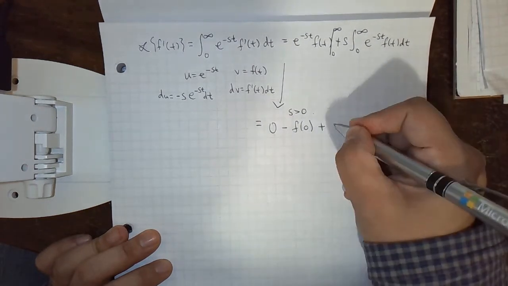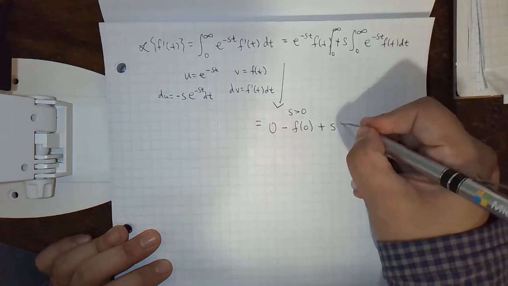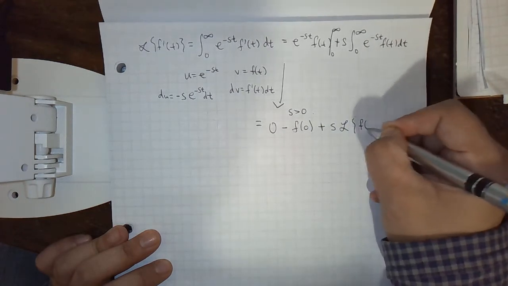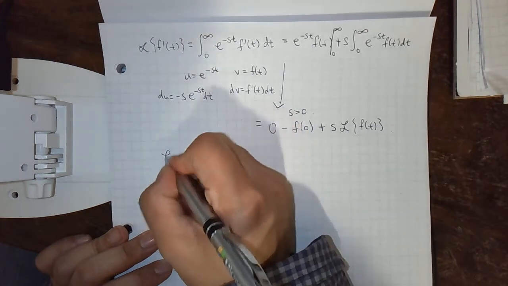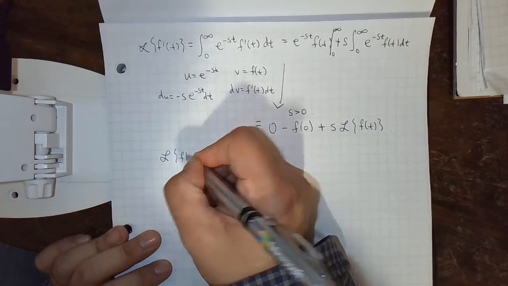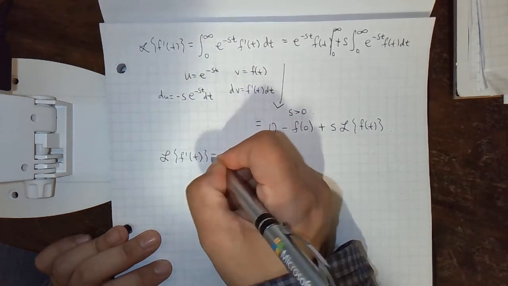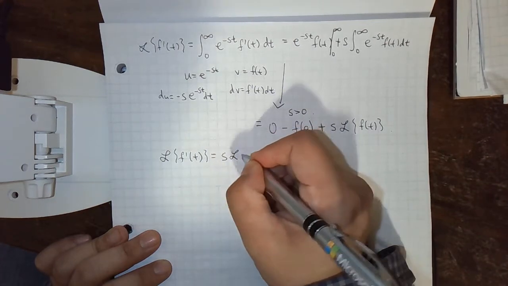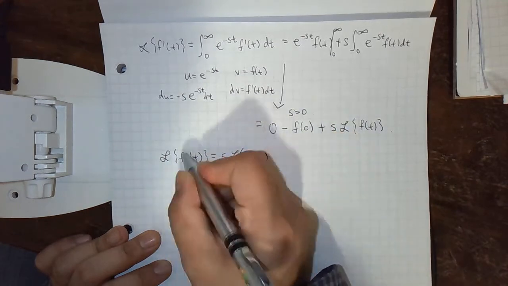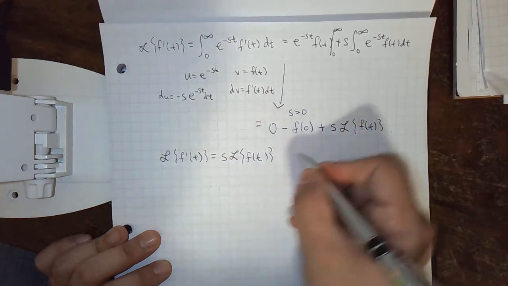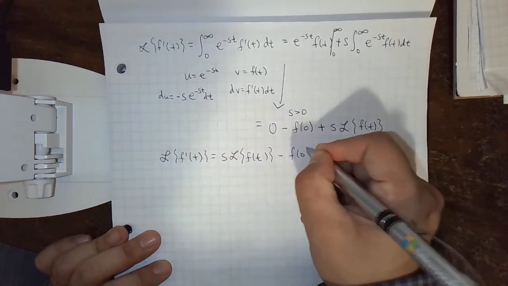And then we have plus s, and then this, as we said, was the Laplace transform of f of t. So there we go. There is the original incarnation of this formula, where n equals 1, the first derivative. Laplace transform of the first derivative is s times Laplace transform of the function minus f of 0.